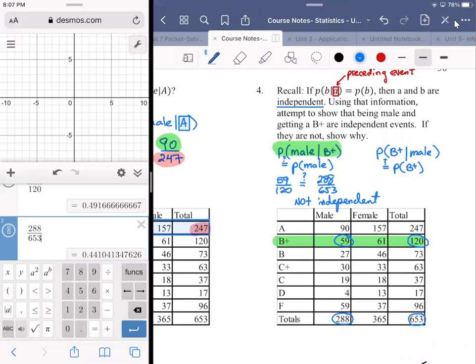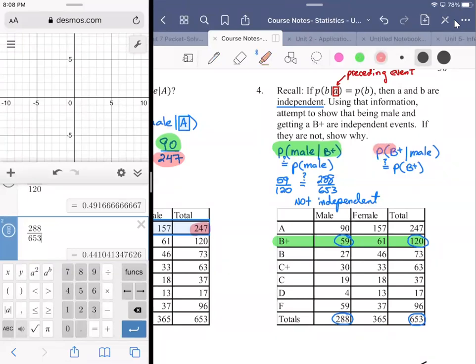You could also say that they're dependent, right? But since they're asking us to determine whether or not it's independent, the tendency is to say things like it is independent, or they are independent, versus they are not independent. Right? But if you were to say that they are dependent, that would be the same as saying that they're not independent. Right? I think that's in the realm of common sense, but I figured I would mention it.